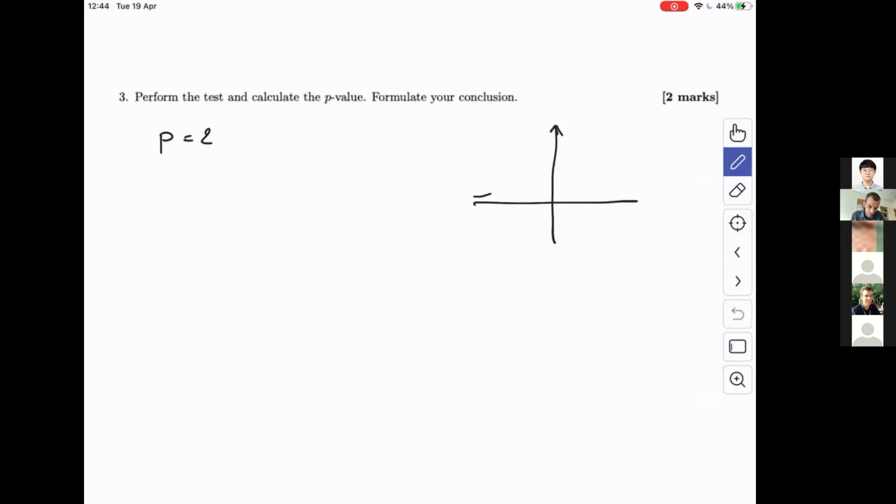So if this is our sampling distribution, and this here is our test statistic or the absolute value of it, and this is minus our test statistic, then the p-value is going to be the sum of these two areas.